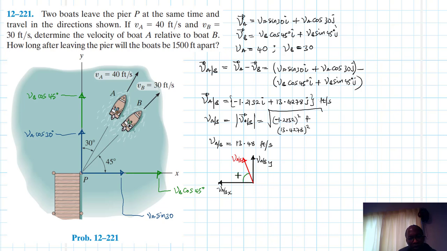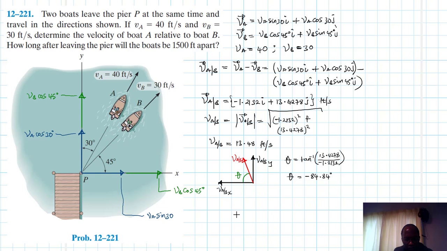Theta is equal to tan inverse of 13.4278 divided by minus 1.2132, which gives minus 84.84 degrees. The reason it is minus is because this is clockwise.